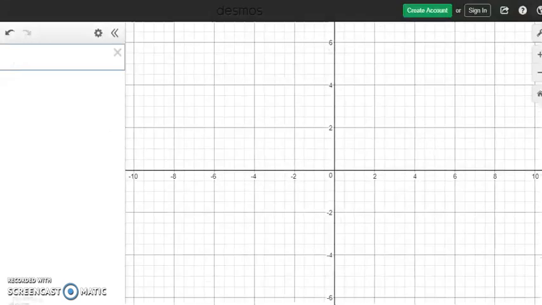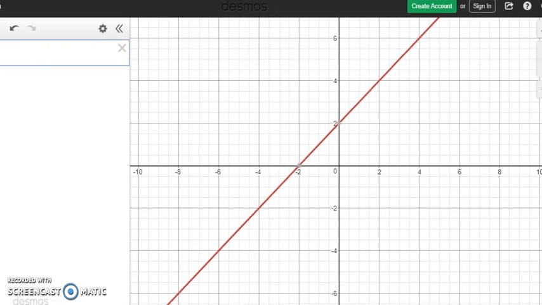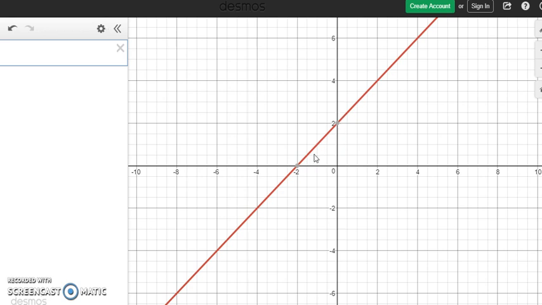I'm going to use software here to graph this for us. Let's say my first equation is y equal to x plus 2. We expect the y-intercept here, and then you go up 1 unit and right 1 unit.